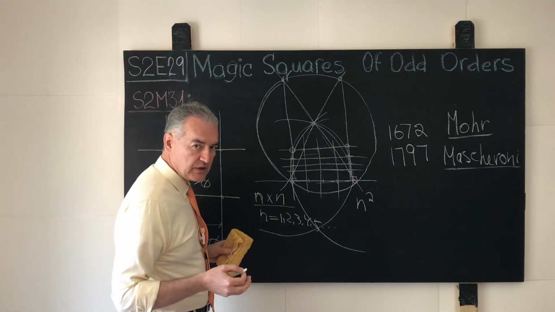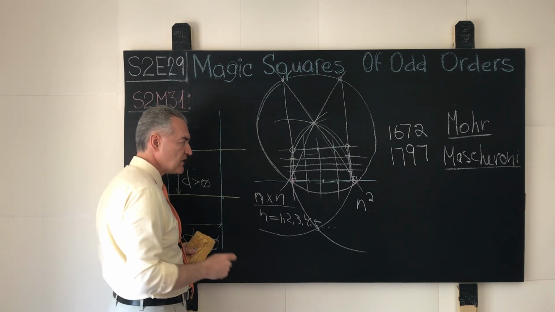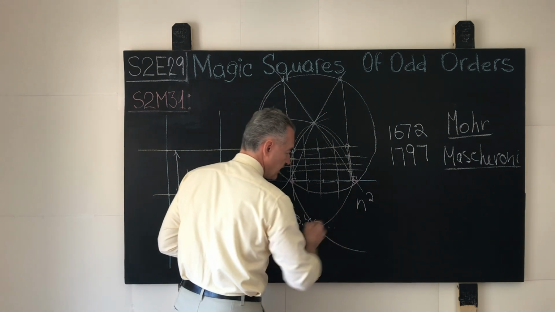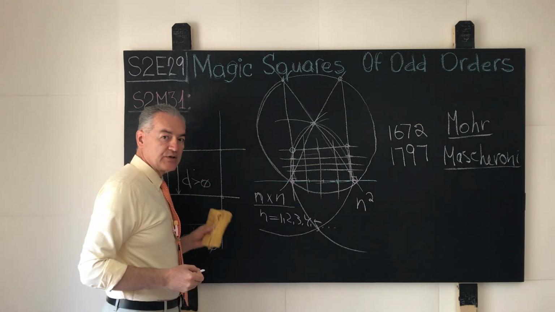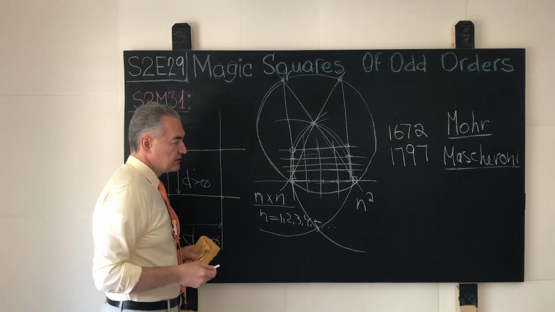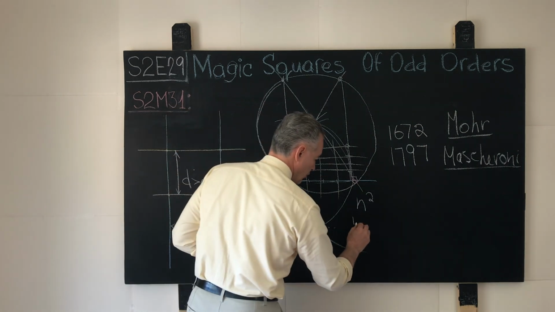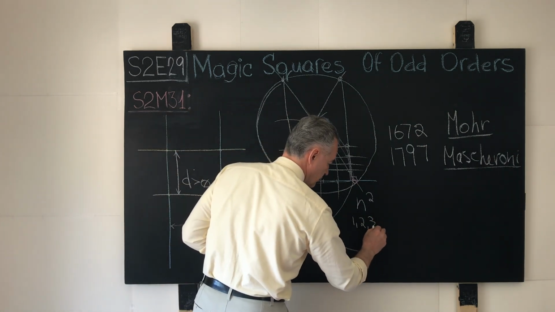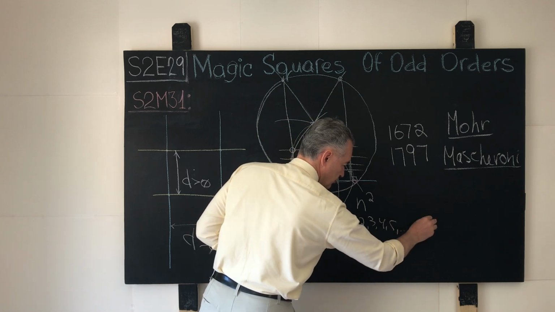And now we need to pay close attention, because in some sense the numbers that can be put into the cells of the parent magic square do not really have to be consecutive numbers 1, 2, 3, 4, 5, and so on to n square.